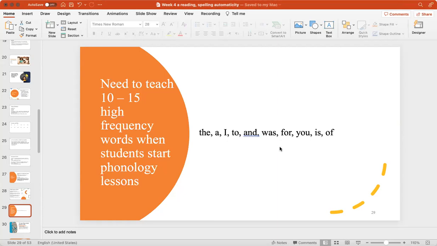Every letter corresponds with the sound. In the word of, both letters don't play fair. So what we need to do with this is talk about them, segment them, put the letters on them, and then play games and read the words a lot until our students become fluent with these words because they're so frequent.